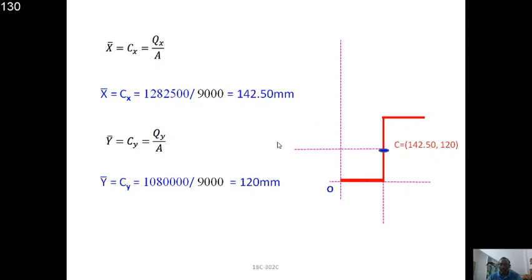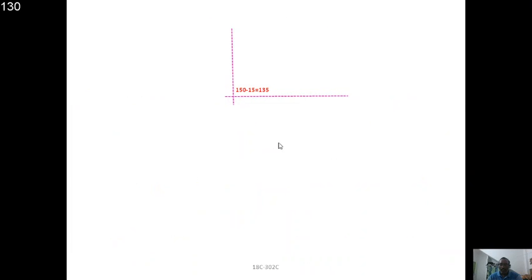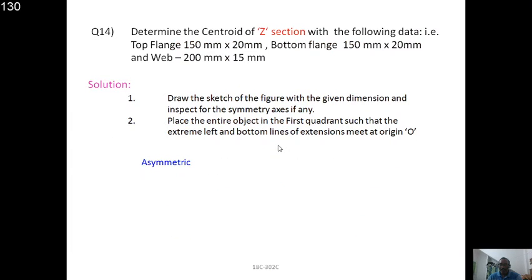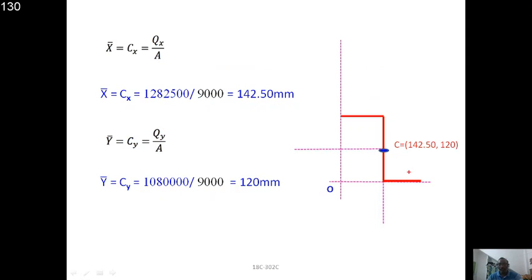Now see the other orientation which we solved in the earlier problem. So this is also the same, both are the same, 142.5 comma 120.